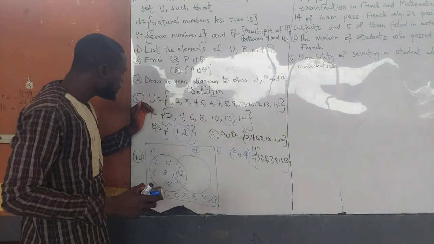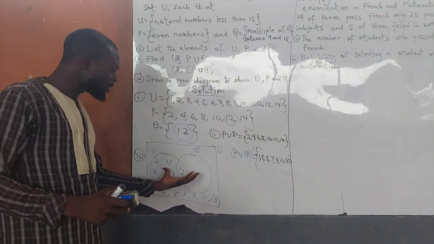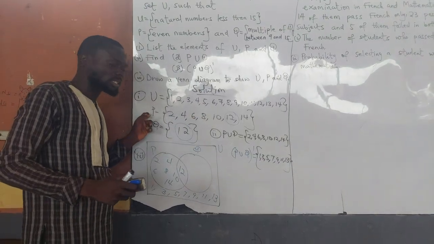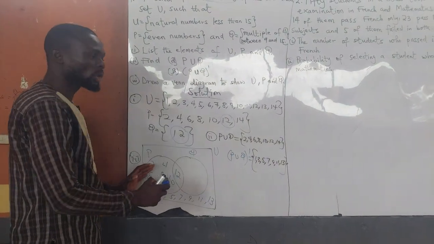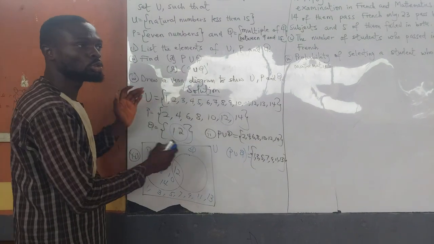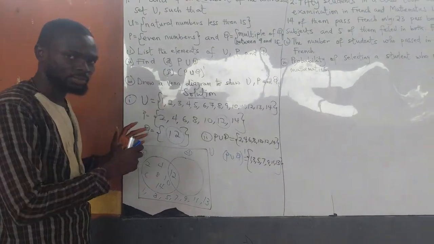So listing P union Q prime will give you this. If you are drawing a Venn diagram, just know the intersection of the two sets. The universal set is for all. Then you quickly represent them on the Venn diagram. This is a brush through under this type of question.